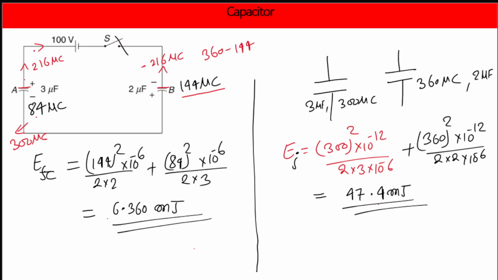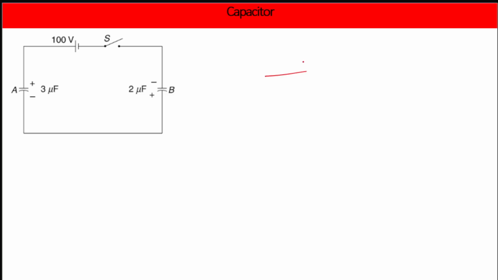In this case, when the battery supplies charge, it is doing work. But if charge is being supplied to the battery, it means work is getting done on the battery. Okay? So here energy is getting stored in the battery also, and that energy stored will be equal to the charge flown into the battery into V. Right, this is the formula. So Q into V, Q is how much here?